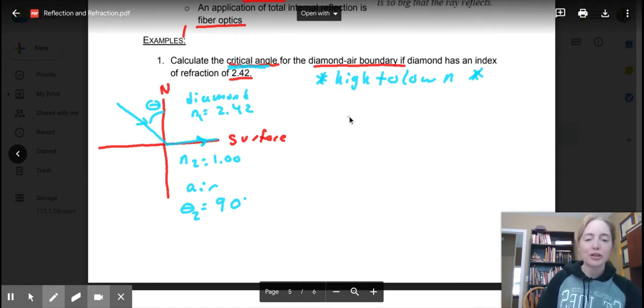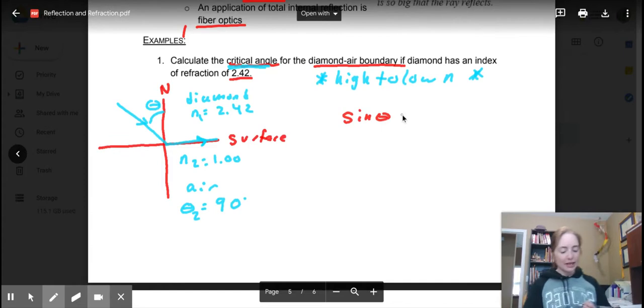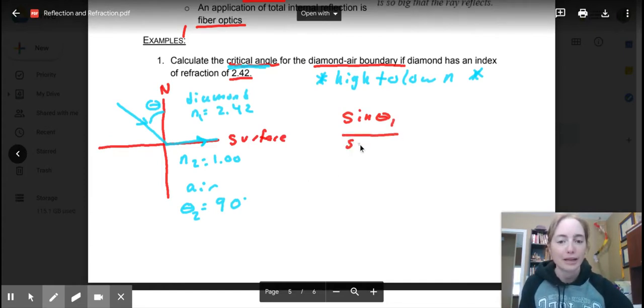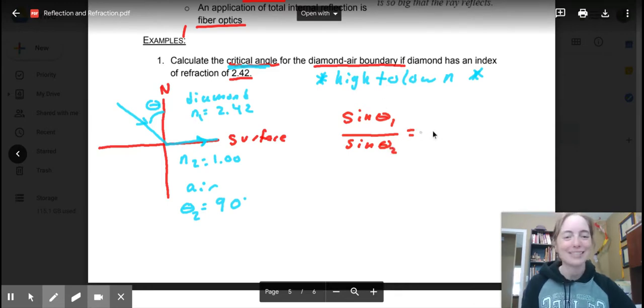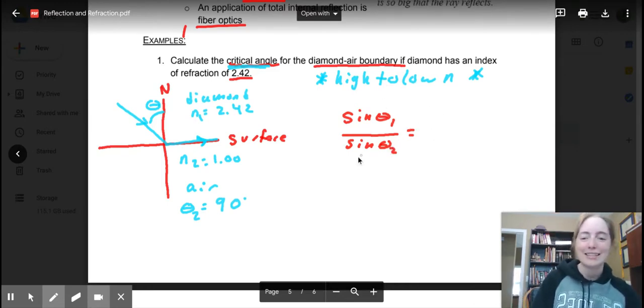So we're going to look at our data sheet. Looking at my data sheet, I have my sine theta 1 over my sine theta 2. I have sine theta 2 and I want to find sine theta 1, and I have N1 and N2.